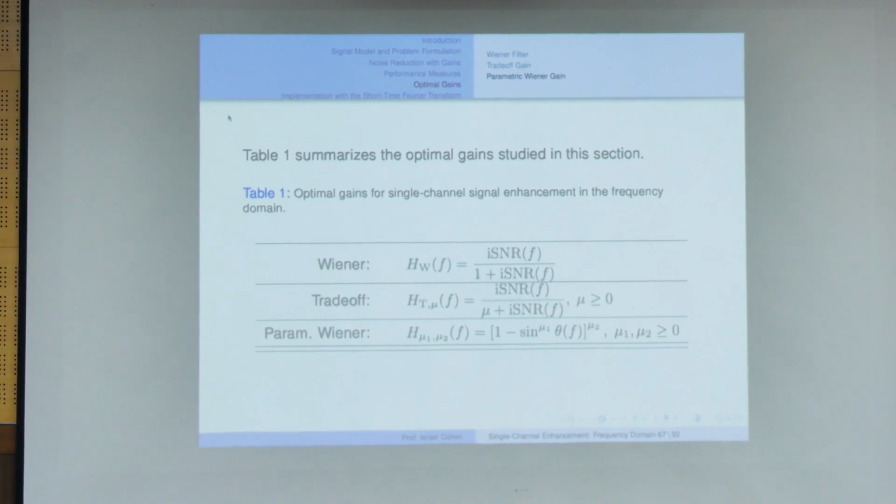What does it mean? We take a long signal, we use windows, and the length of the windows we need to choose in a good way. So it's not too short, it's not too long. Sometimes it's possible to combine different windows and make the enhancement using multiple windows.